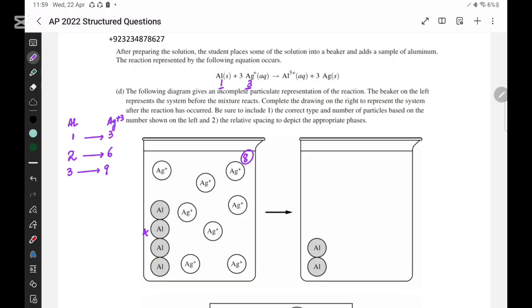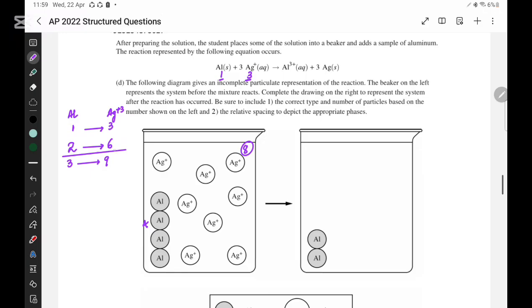So only 2 aluminium will be reacting with 6 silver ions, and 2 aluminium will stay there because they were 4 in total.